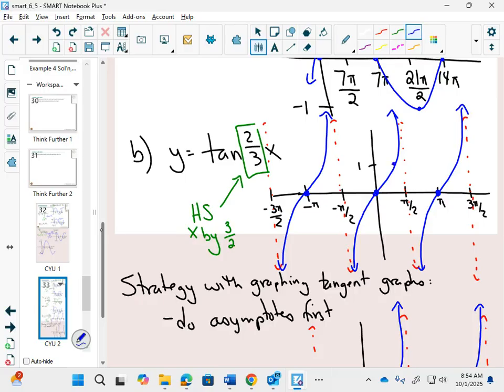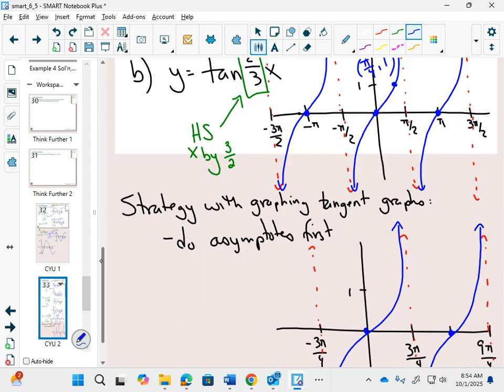I know that tan of pi over 4 is 1. So now on this graph, at 1, what is it going to be? Well, I multiply that pi over 4 times 3 over 2, so it becomes 3 pi over 8, comma 1. And that's how we can label a point on your tangent graph.